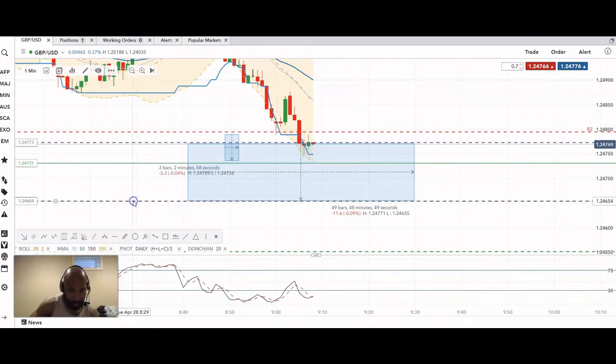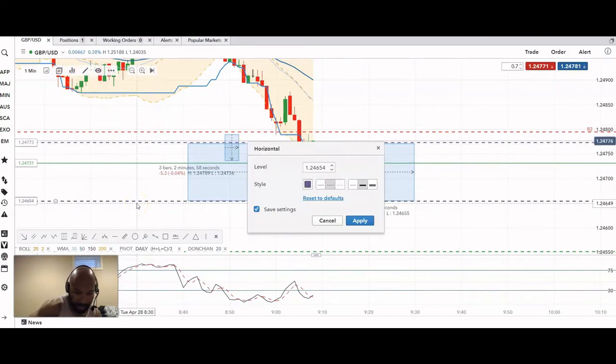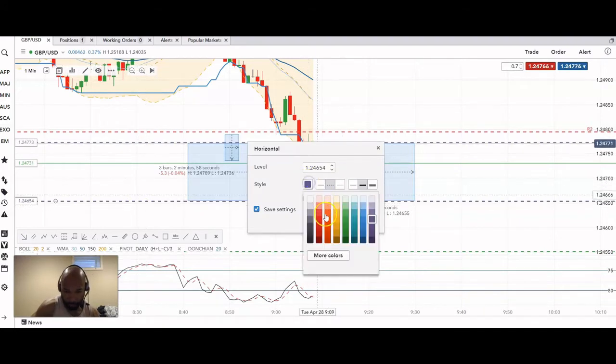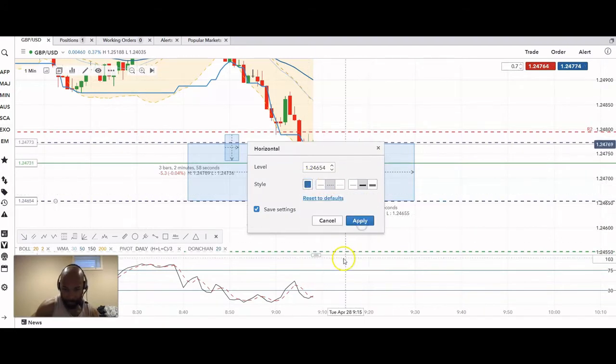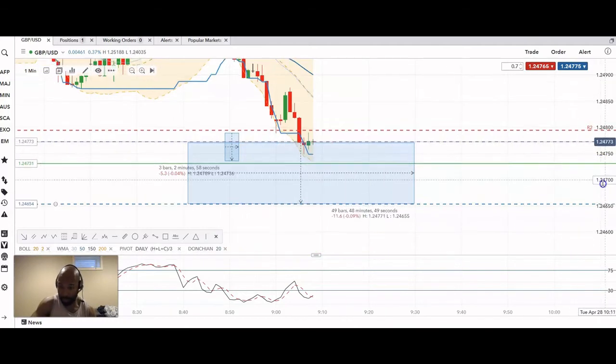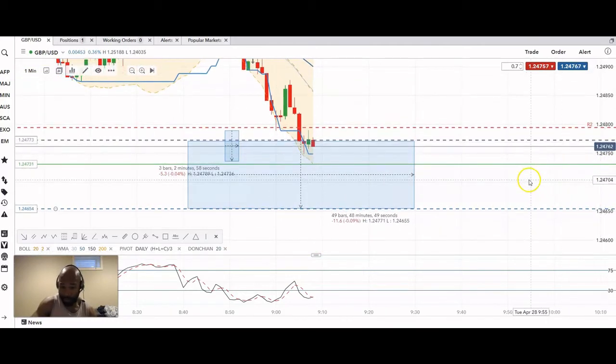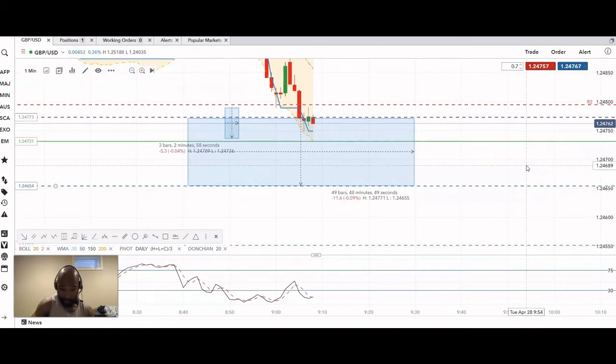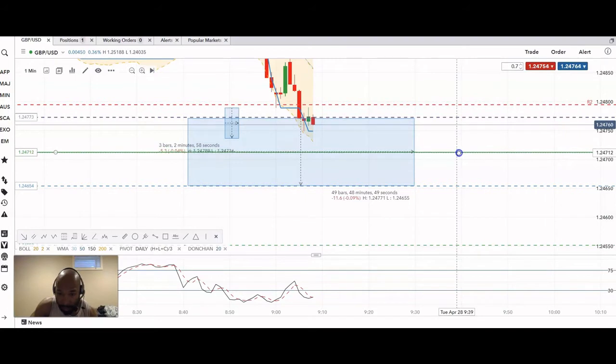I'm going to put this here and give it a nice blue color. You do everything to mentally help yourself trade well. If you're a color person, you indulge in colors. Okay? Let's put this line in the middle.